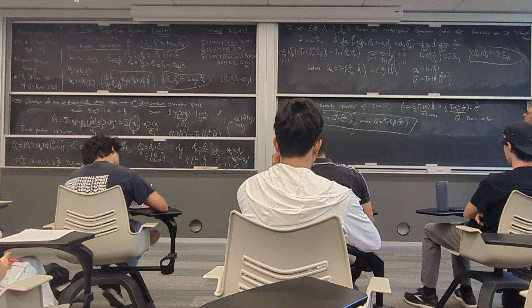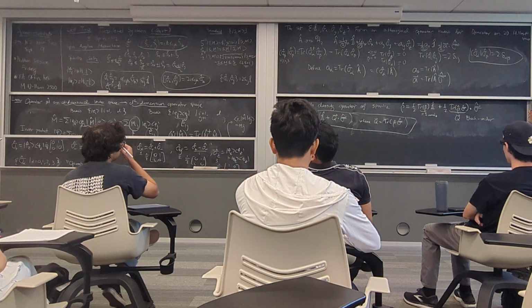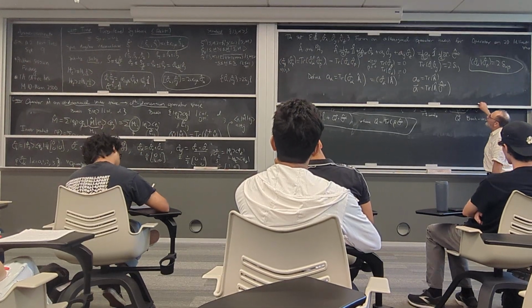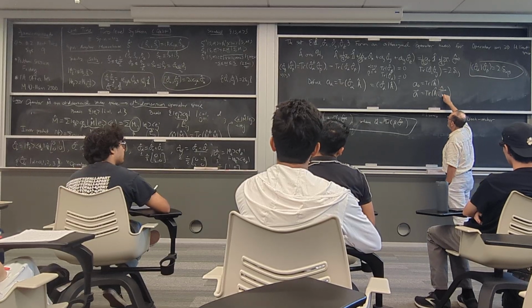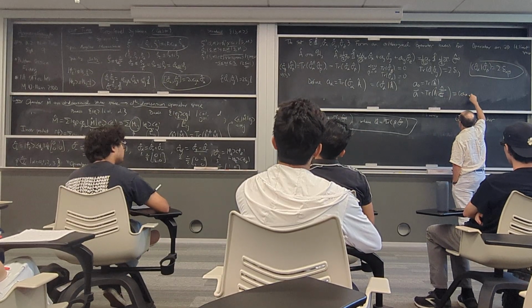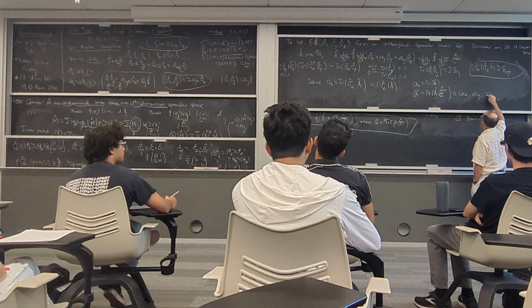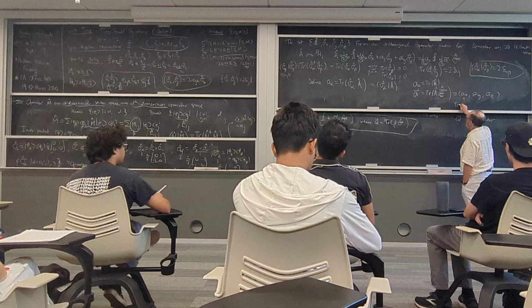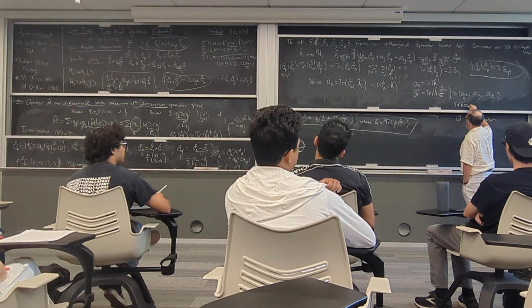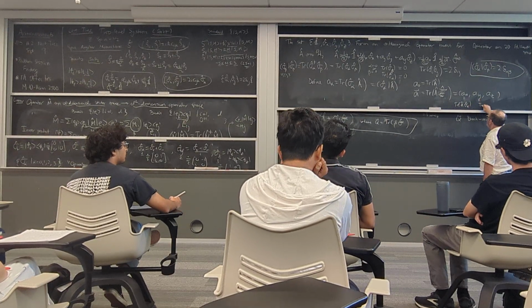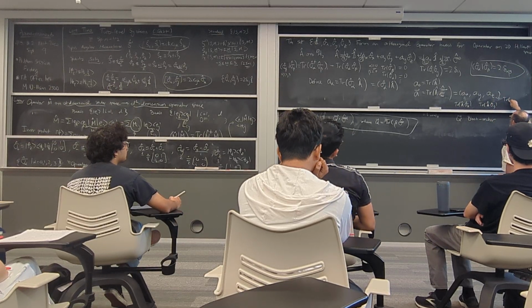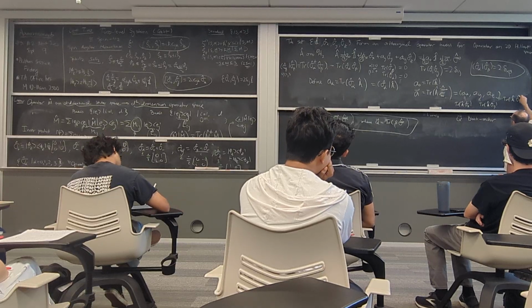Yeah? For the A vector, we have an operator left multiplying the vector operator. Yeah, so let me unpack this horrible notation. This is a shorthand for 3 coefficients, AX, AY, and AZ. AX is the trace of the operator with sigma x. AY is the trace of the operator with sigma y. AZ is the trace of the operator with sigma z. So there are 3 components of this vector.